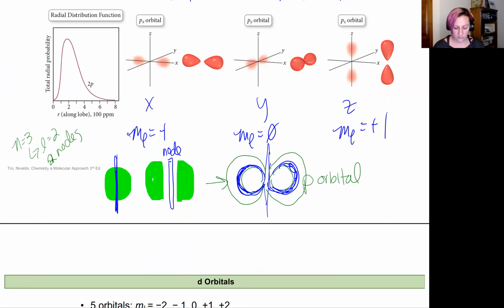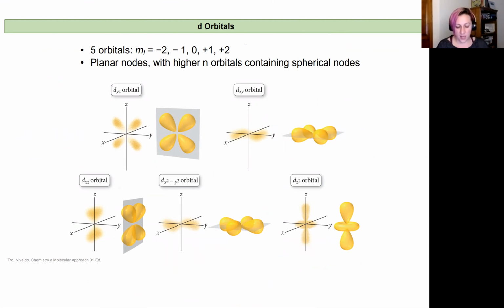All right, d orbitals. So remember, d orbitals are coming from L equals 2. And that means that we can have M sub L's equal to -2 all the way up to +2. So that's 5 orientations. The lowest energy level that these can exist in is n equals 3.